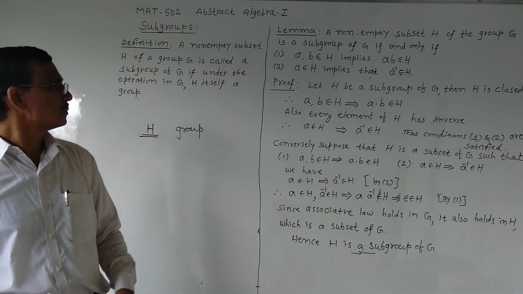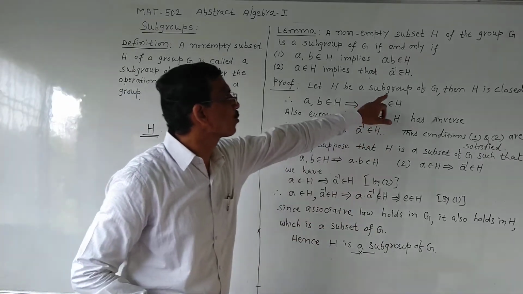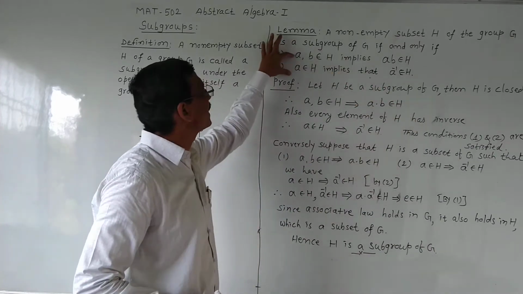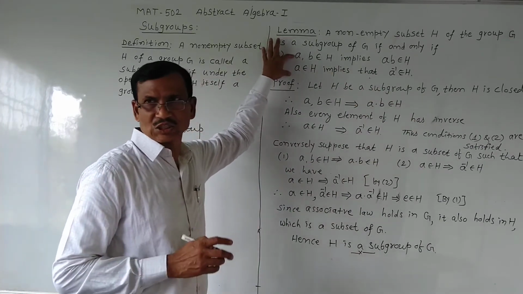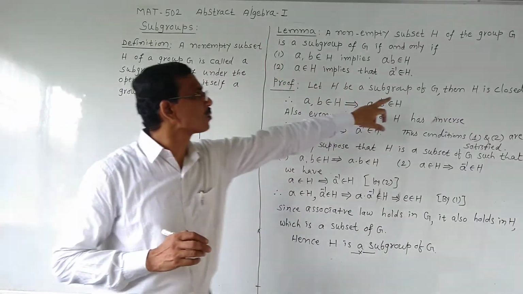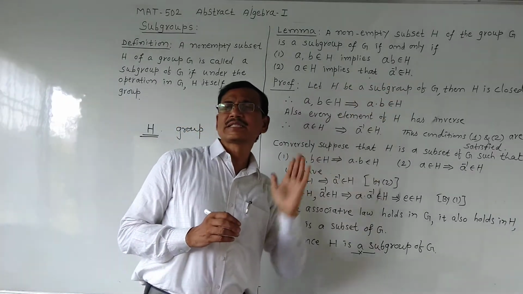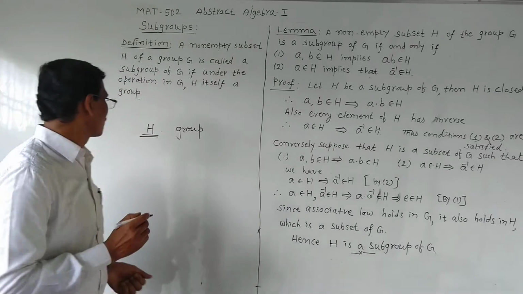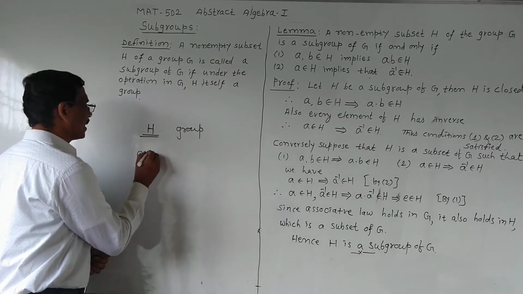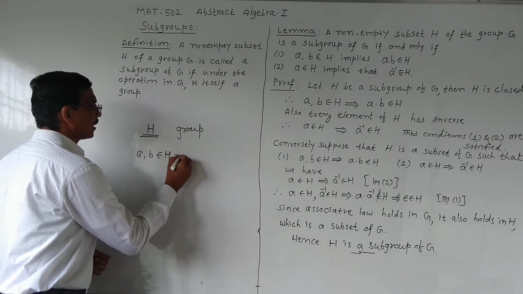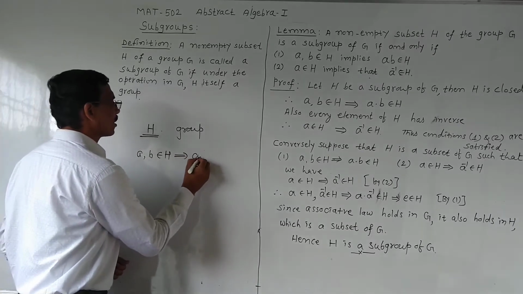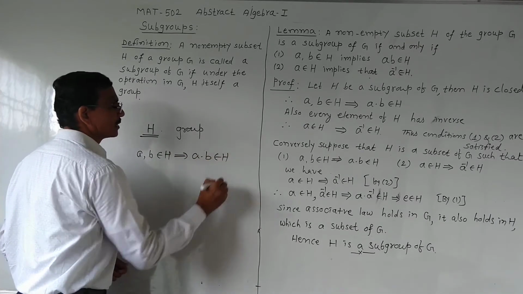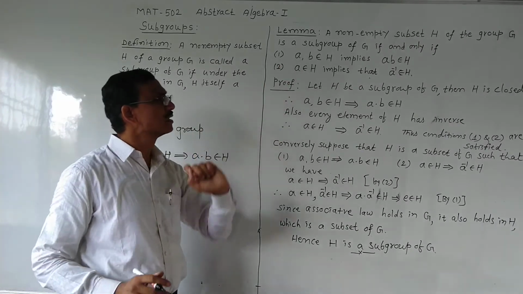Taking H is a subgroup of G, we have to prove that these two conditions are satisfied. As H is a subgroup of G, H itself is a group and therefore closure property must be satisfied. That means a, b belongs to H implies a dot b belongs to H, and that is our first required condition.